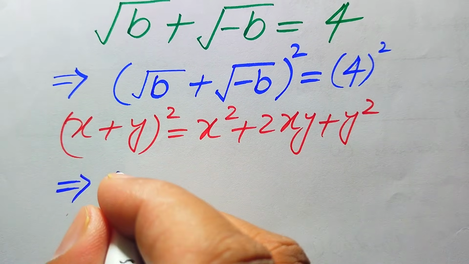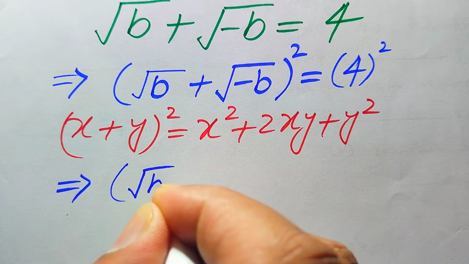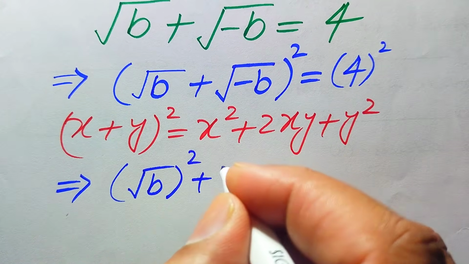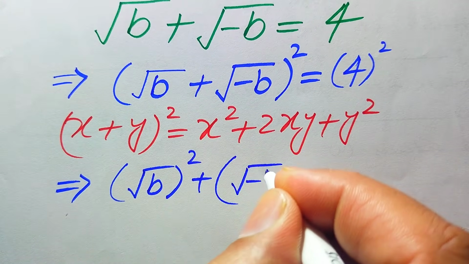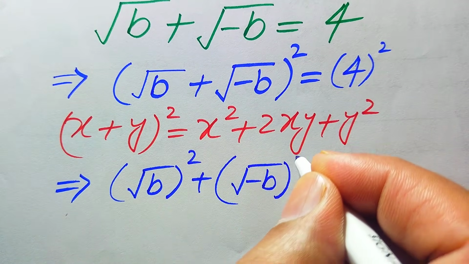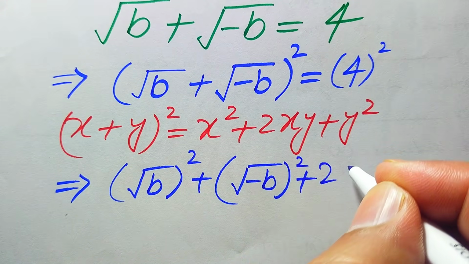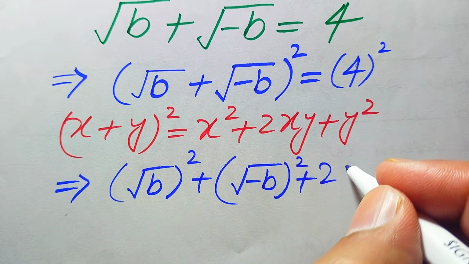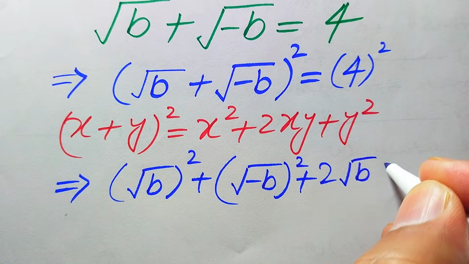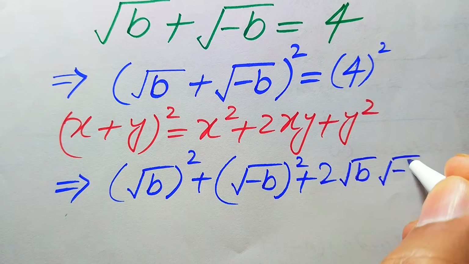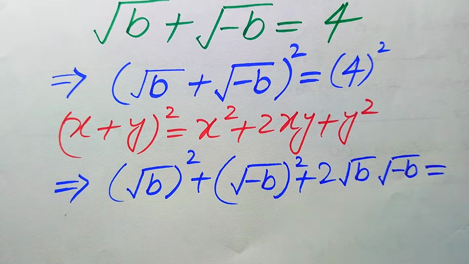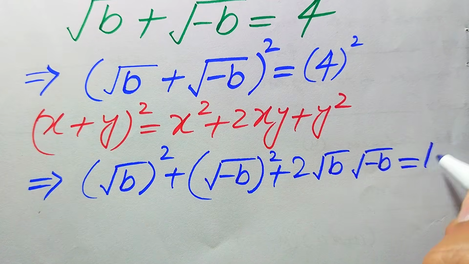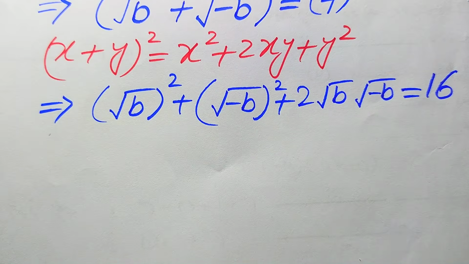We have (√b)² + (√(-b))² + 2 times √b multiplied by √(-b), and this is equal to 4², and 4² becomes 16.